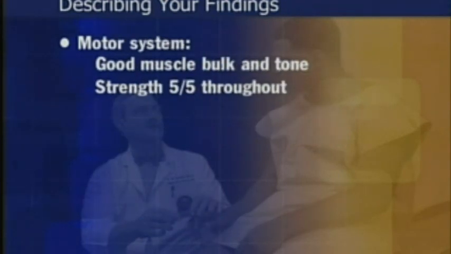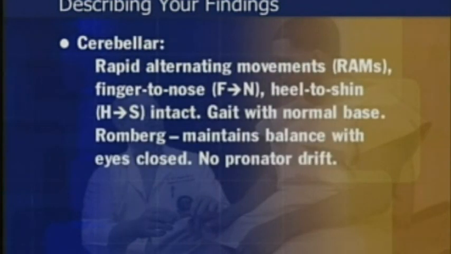Motor system, good muscle bulk and tone, strength 5/5 throughout. Cerebellar, rapid alternating movements, finger to nose, heel to shin intact. Gait with normal base. Romberg maintains balance with eyes closed.